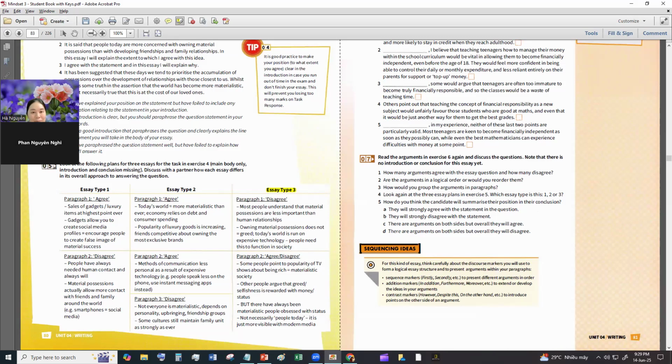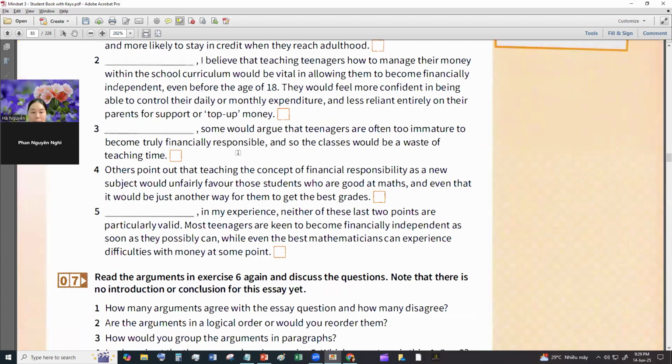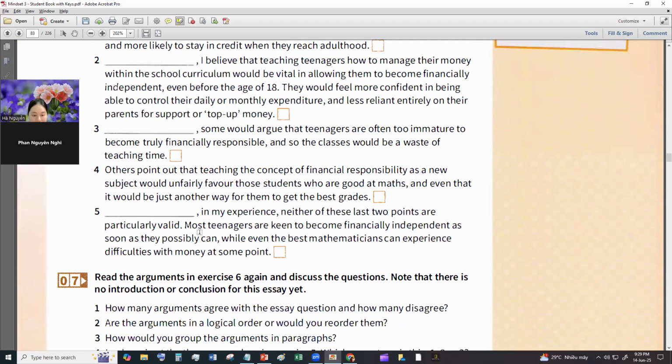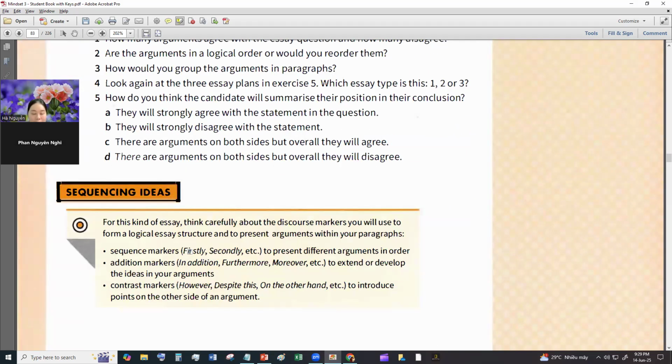Okay. So now, if you have to put that into a complete essay, remember you need to link the ideas with discourse markers. All right. So now, sequencing ideas. For an opinion essay, think carefully about the discourse markers you will use to form a logical essay structure and to present arguments within your paragraphs.